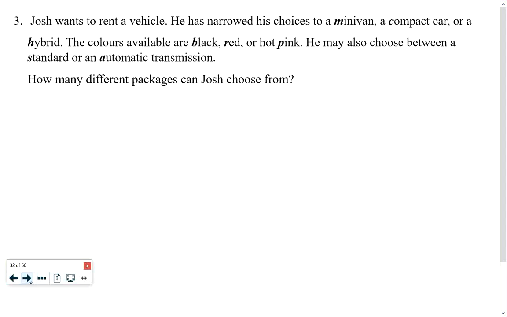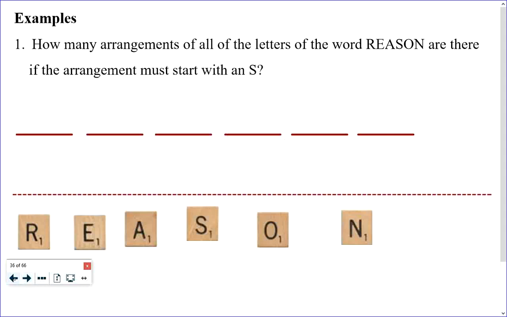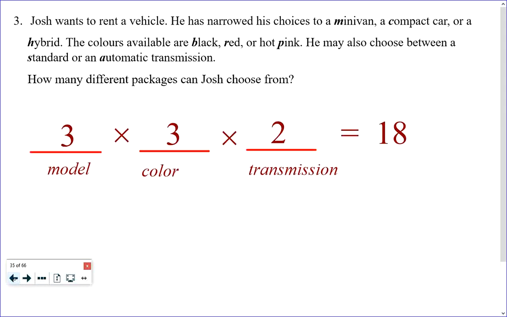It will work with any situation. This one, there were 3 models, there were 3 colors, and there were 2 transmissions. 3 times 3 times 2 is 18. So this is the fundamental counting principle. And it's used throughout most of this unit. Does anybody have any questions about the fundamental counting principle, what it means?